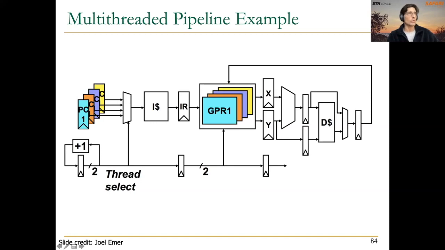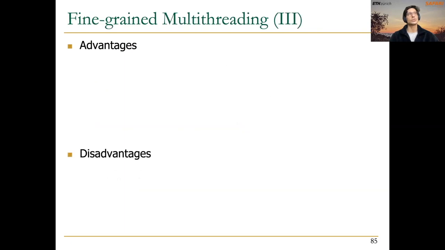Whenever, let's say, the yellow thread gets stalled because of a long latency operation, like an access to the main memory, the thread select unit can start fetching instructions from different threads, and this way hide the long latency access to the main memory.